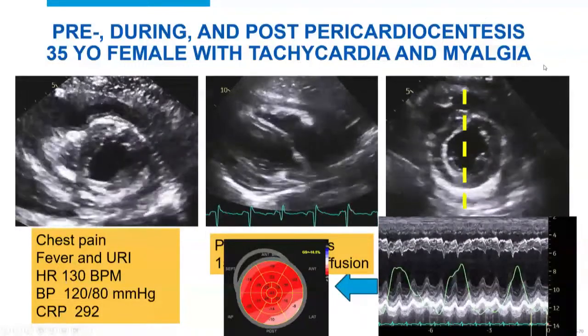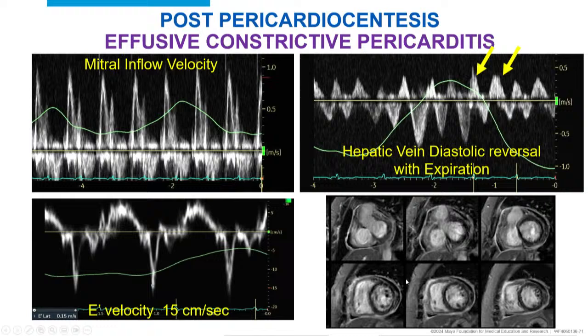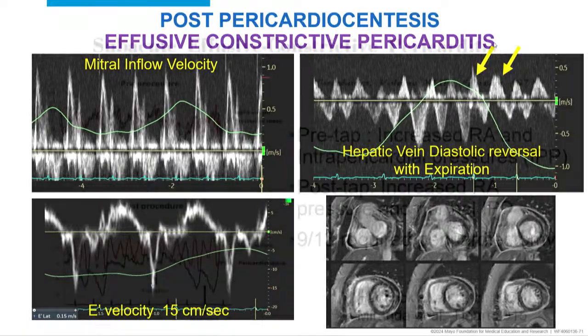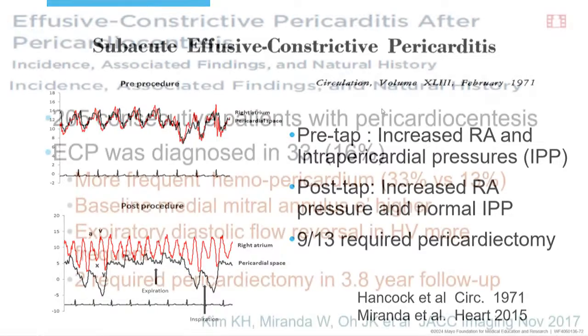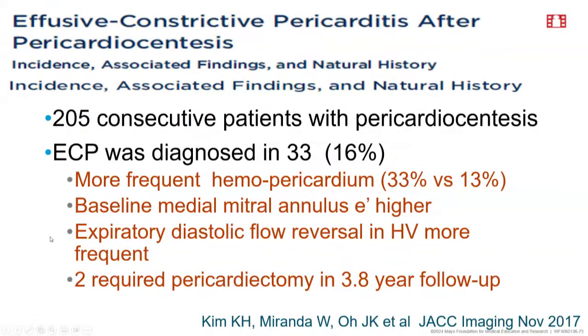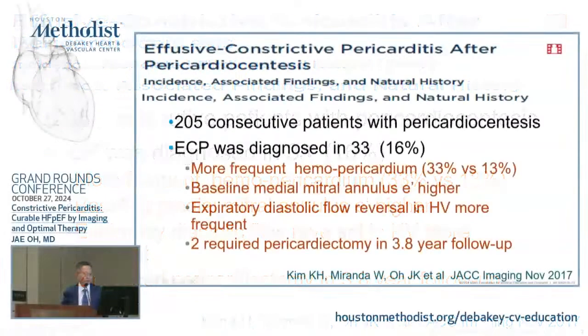So what we do here is we still do cardiac MRI, but in most of them with pericarditis, we know the pericardial layer will be inflamed anyway, but we like to see the extent of it. This is an initial description from Stanford many years ago, but this is our data. After pericarditis, almost 20% of them have constrictive pericarditis by echocardiography. We have effusive constriction more frequent with blood effusion, and more patients with higher E prime velocity.